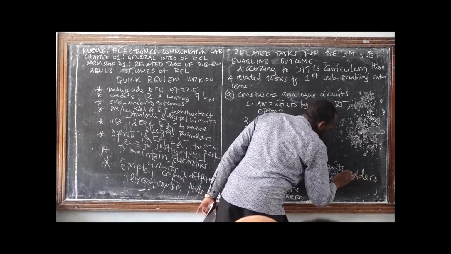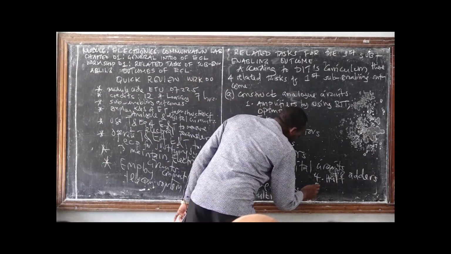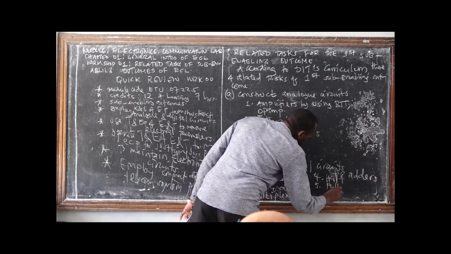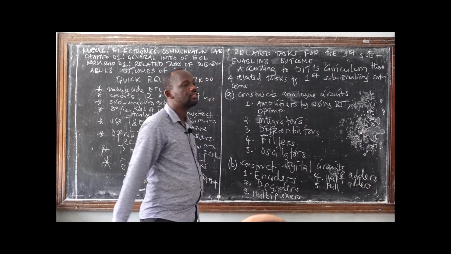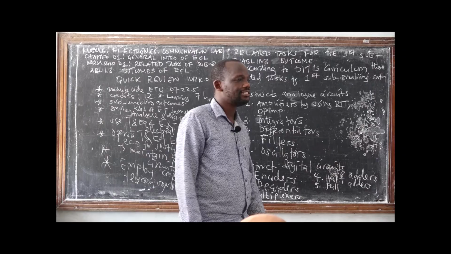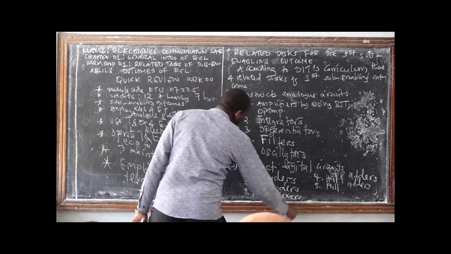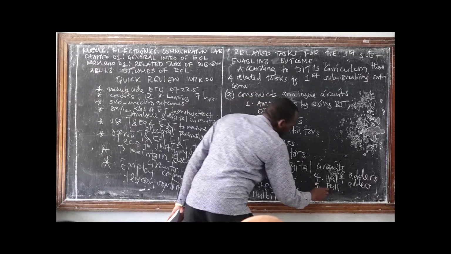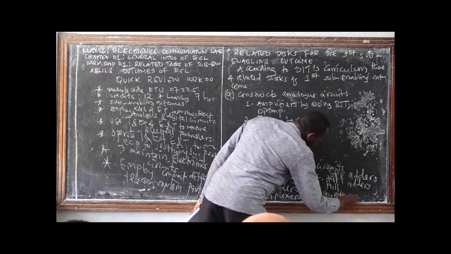Say half adders. Then a student should be able to construct full adders. Say full adders. Then a student should be able to construct a digital circuit that we call counters.